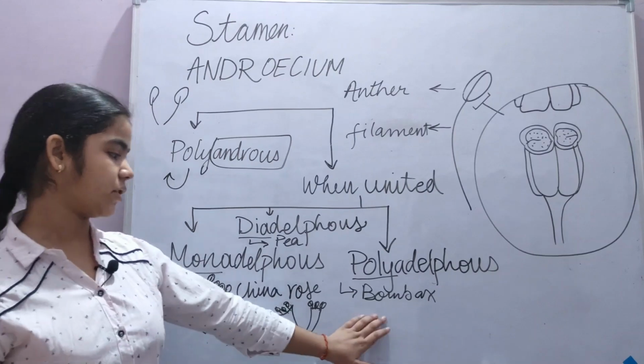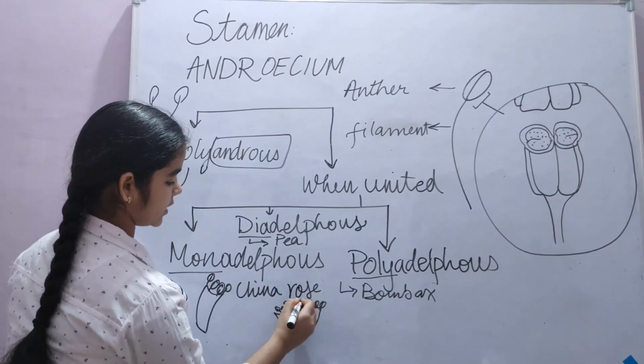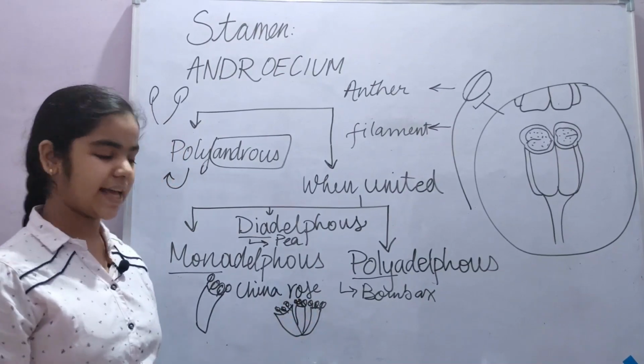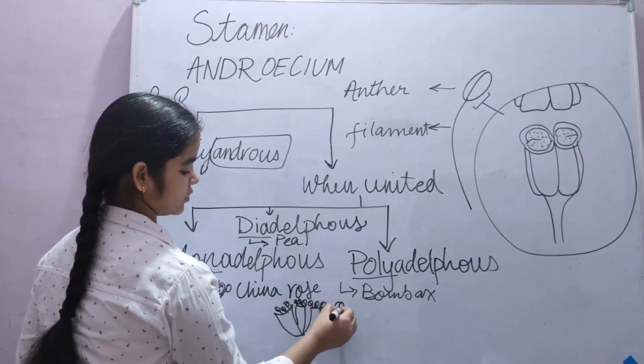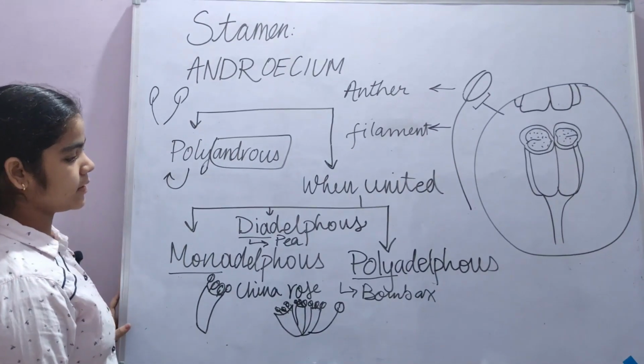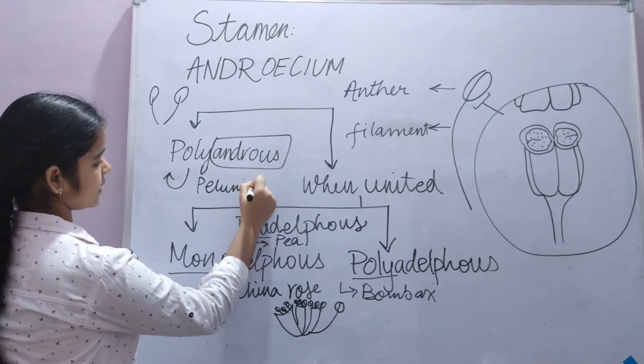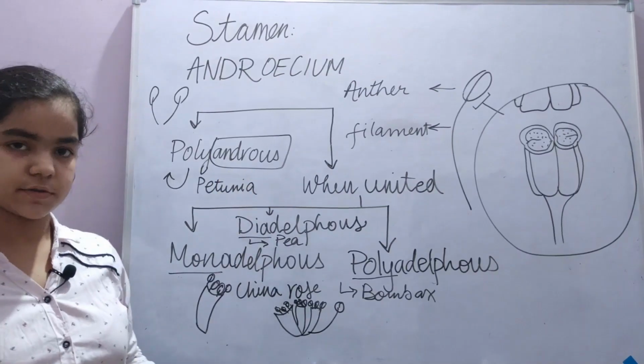I don't need to draw these. The simple thing is that here it will contain more groups, several as it can usually. Example for polyadelphous may be petunia. This is the name of a flower, of course.